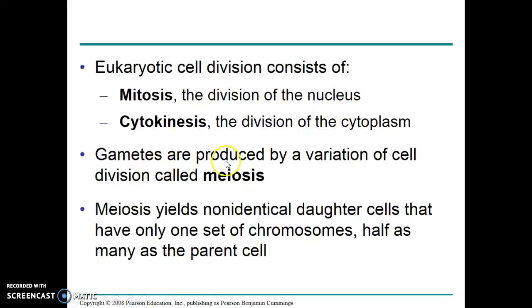Gametes are produced by a variation of cell division called meiosis. Gametes are sex cells, meaning they have 23 chromosomes from the sperm, produced by the father, and 23 chromosomes from the mother, which fuse.